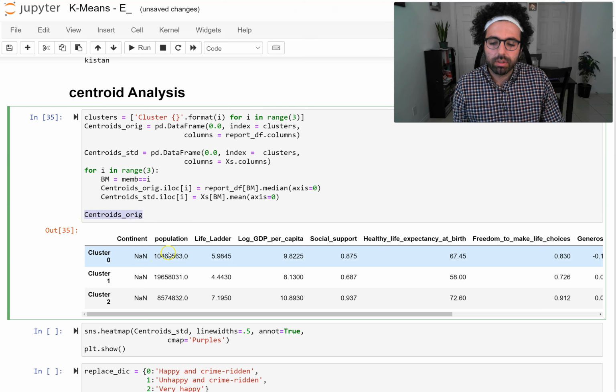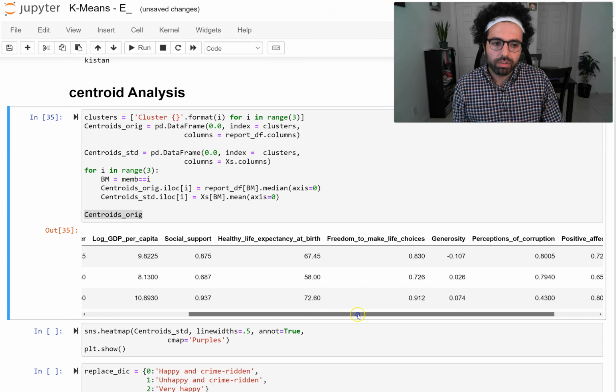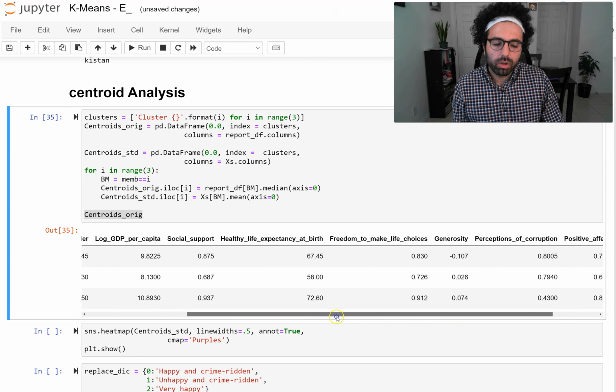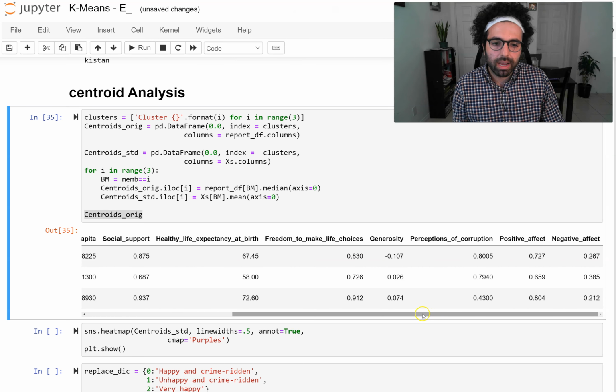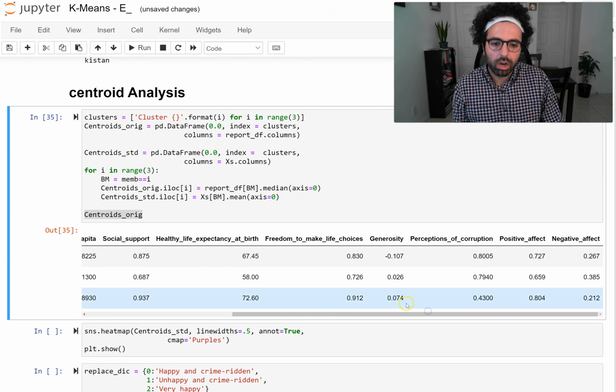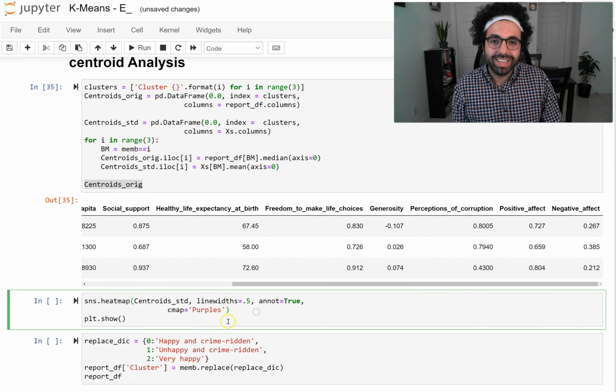I can see the mean of the population of these clusters, and also each of these scores. So I could be looking at this and see, for example, that cluster 2 has higher generosity than cluster 0 and 1, right? But it's even easier to do this using a heat map.